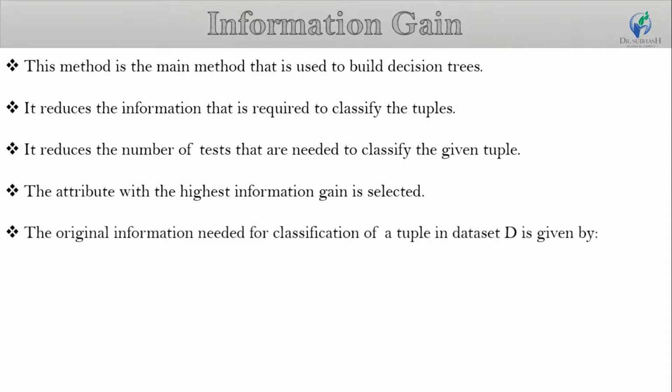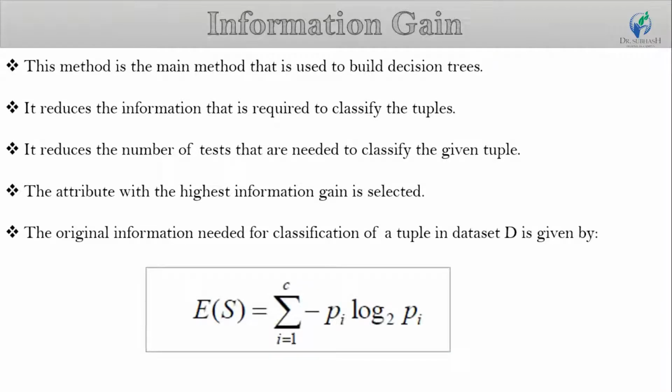The original information needed for classification of a tuple in dataset D is given by E(S) = summation from i = 1 to C of -P(i) log2 P(i), where P is the probability that the tuple belongs to class D. The information is encoded in bits.